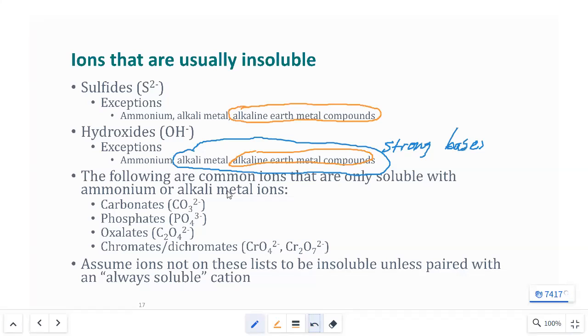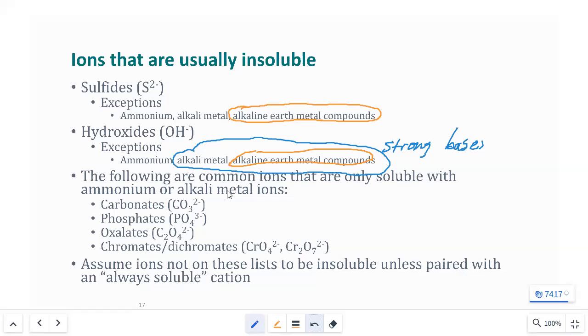Because if we think about that first group as kind of being primary among all of them, the only true exceptions, alkaline earth metals with sulfides, hydroxides with the alkaline earth metals. Everything else can be explained by that always soluble list.